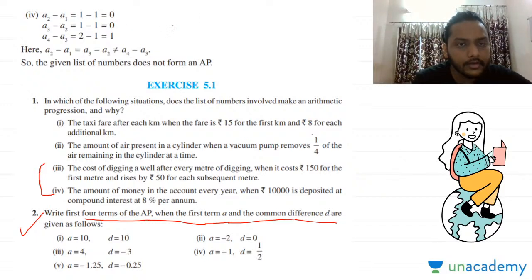अब देखो मेरी बात सुनो, जब मैं AP की बात कर रहा हूं तो अगर मेरा first term A है और common difference D है, if my first term is A and common difference is D, so can't I say that my second term will be A plus D? Yes or no? Similarly, can't I say that my third term will be A plus 2D?